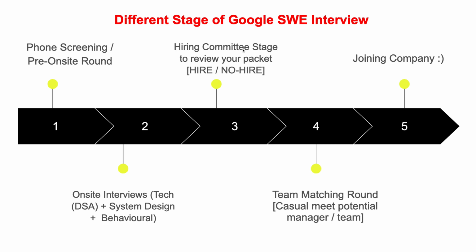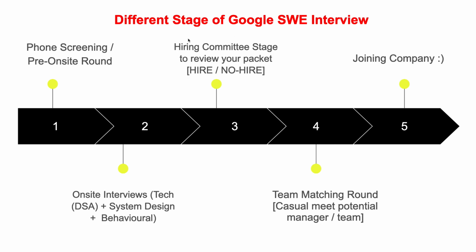There they go through all the interview feedback, read it line by line, scrutinize it, and see whether they have enough data for all the things they are looking out for. Then they decide whether to give a hire or no hire.